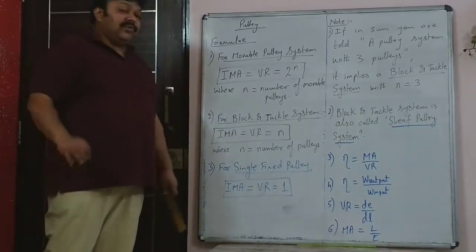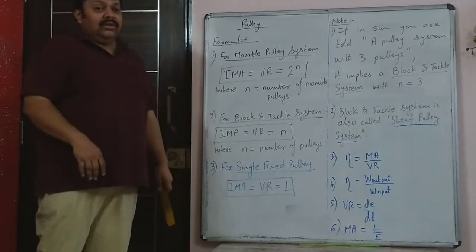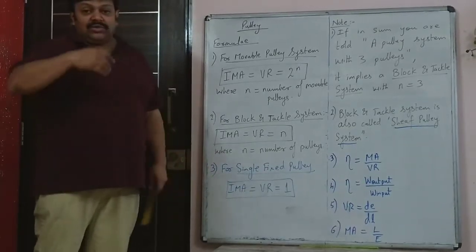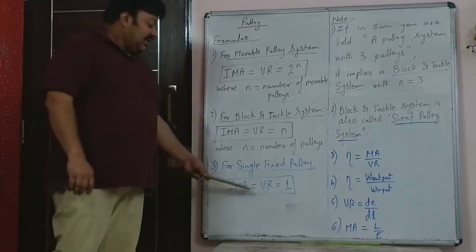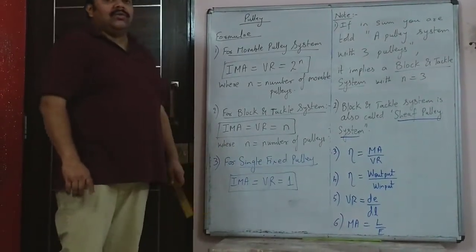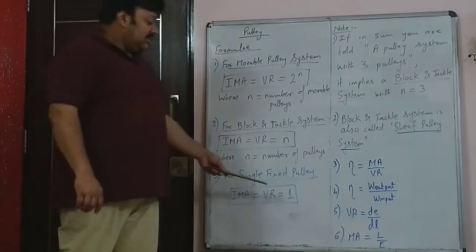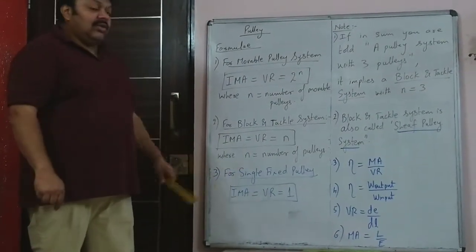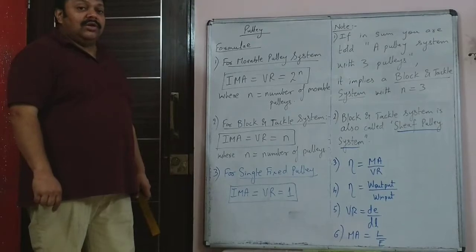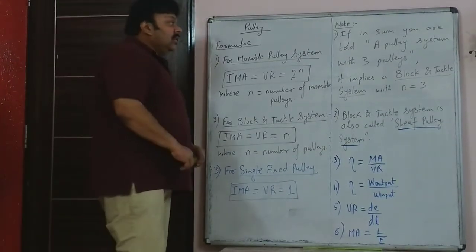Third, for a single fixed pulley, this you have learned. What is the use of that? It is just used to apply effort in a convenient downward direction. In this case, IMA is equal to VR is equal to 1. There is neither a force multiplier nor a speed multiplier. It is only used to apply the effort in convenient downward direction.